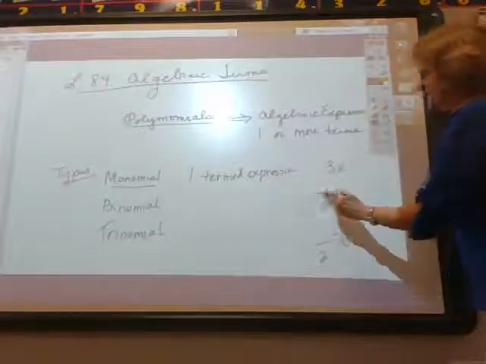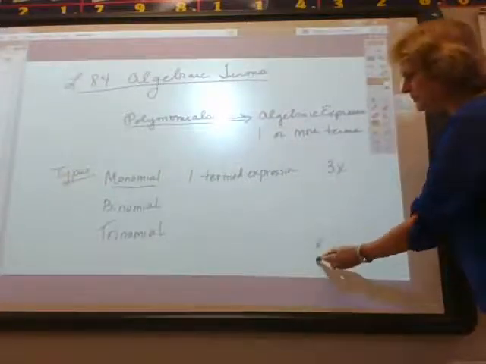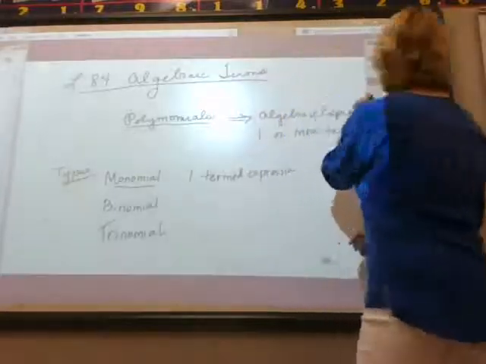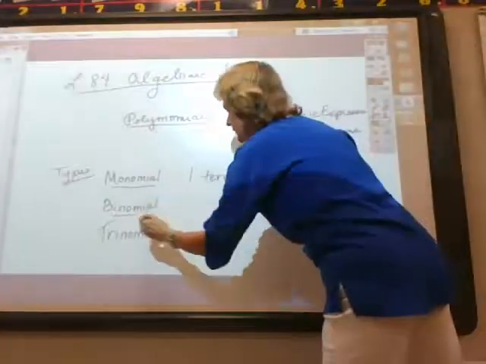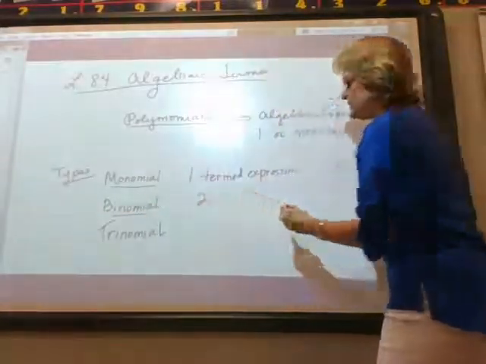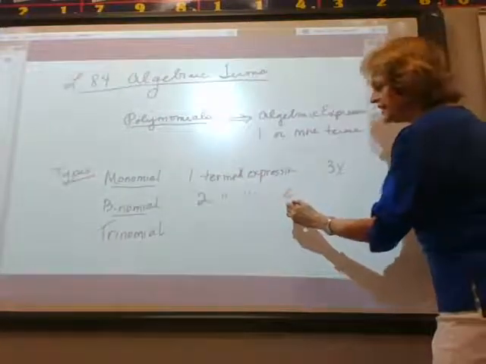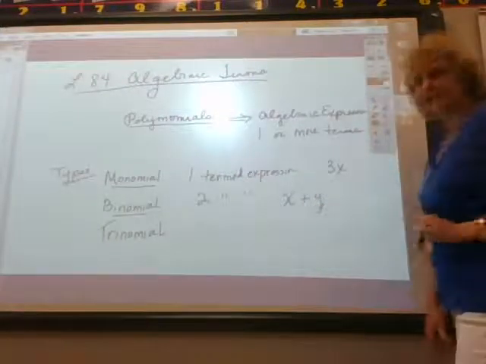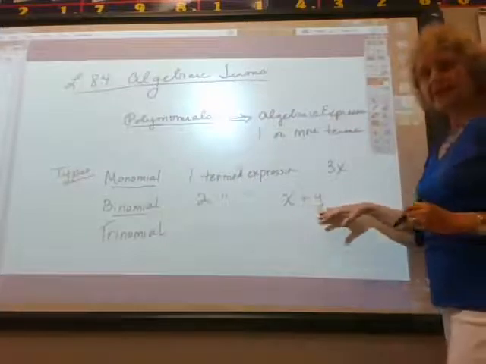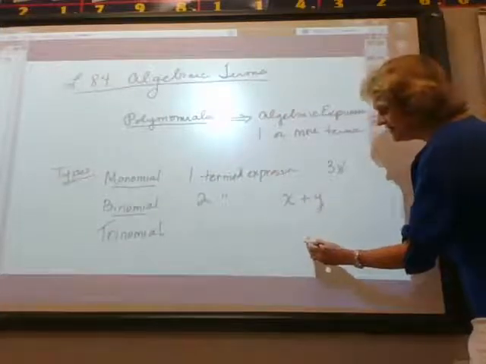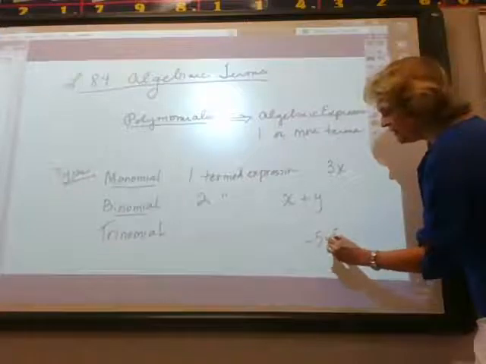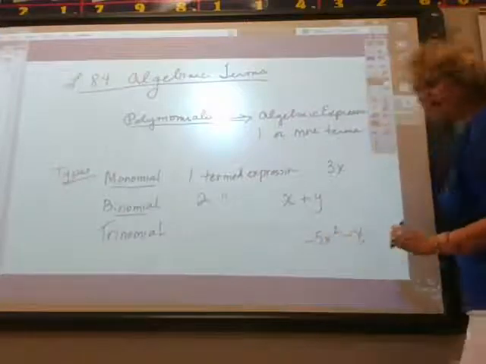All right, then we would have binomials, okay? So binomials, like a bicycle, we know that's a two-termed expression, okay? So like x plus y. Something's added together, right? Or we could have like negative 5x squared minus x.